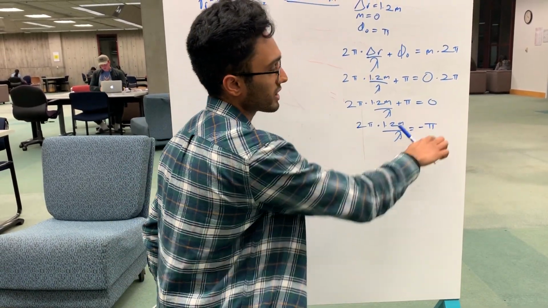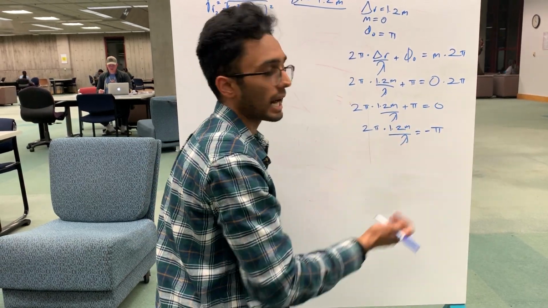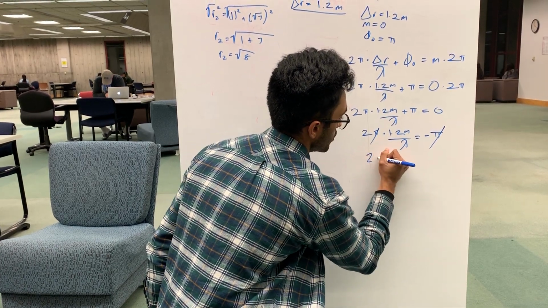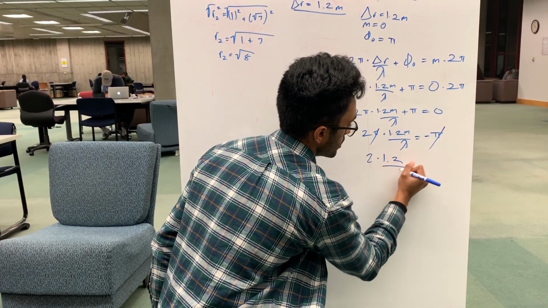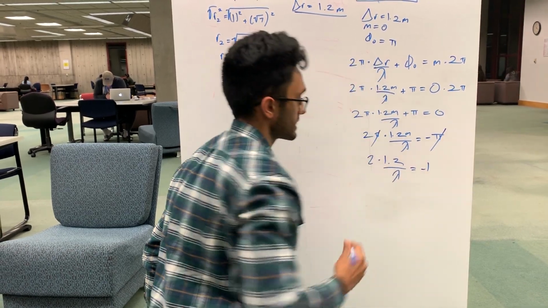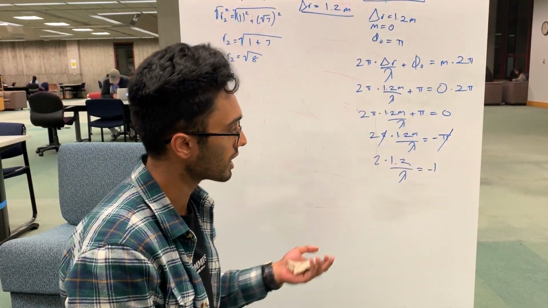Now we can cancel out these pi's right here. You can just divide each side by pi. Now we have 2 times 1.2 over the wavelength equal to negative 1.